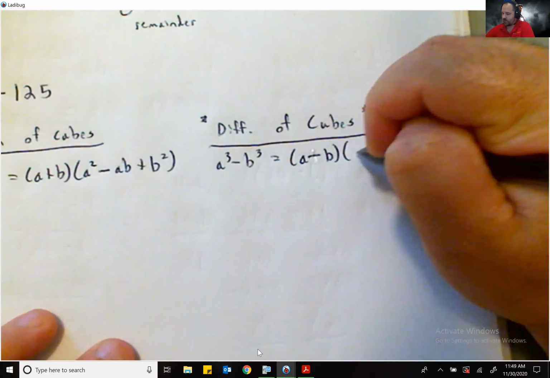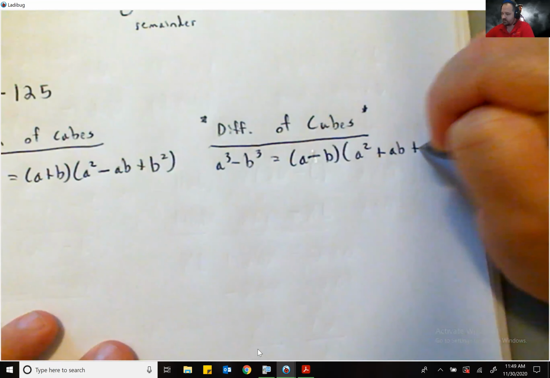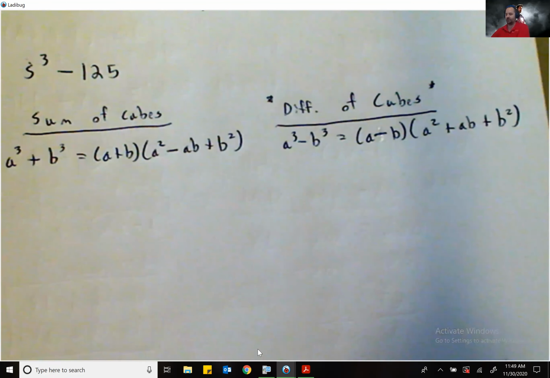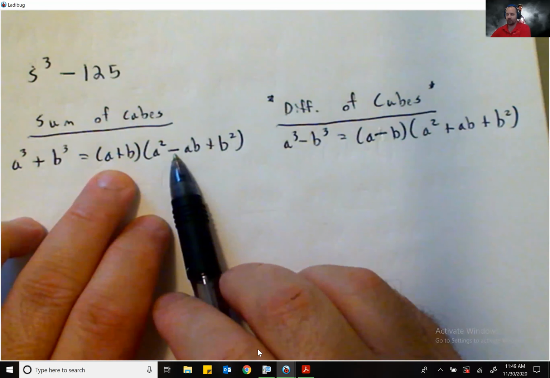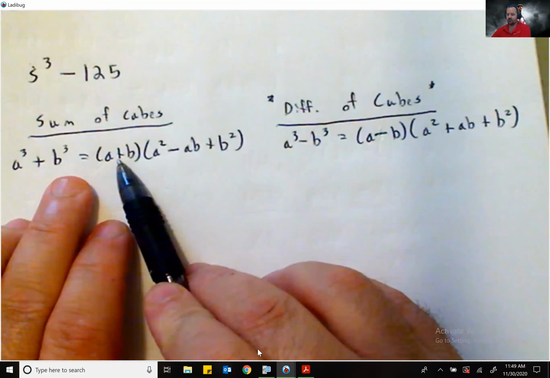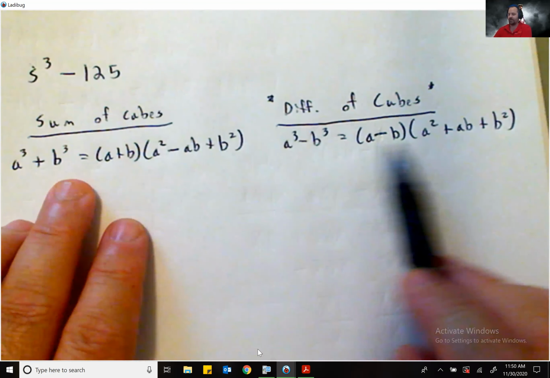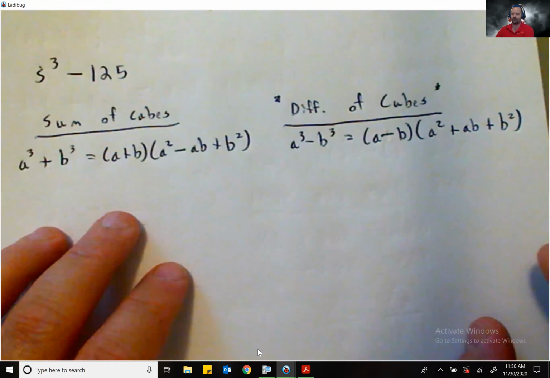And it's a squared plus ab plus b squared. There's a minor difference between these two, and it's where these signs go. In the sum of cubes, it's a plus, then the minus. In the difference of cubes, it's a minus, then the plus. So be careful of that.